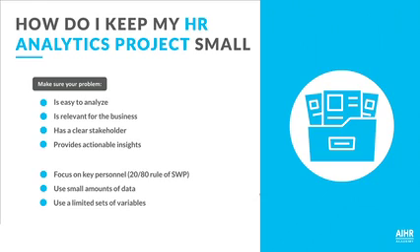Focus on these people. As I already mentioned, use small amounts of data and a limited set of variables and try to really focus on the agile style of HR analytics. Set yourself a limit: 2 weeks to find out your business problem, 2 weeks to gather the right data. That can be interviewing people, that can be going to IT and getting the data. 2 weeks analyzing your data, 2 weeks reporting on the results and communicating it back to the business.